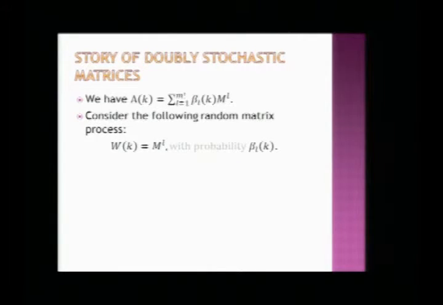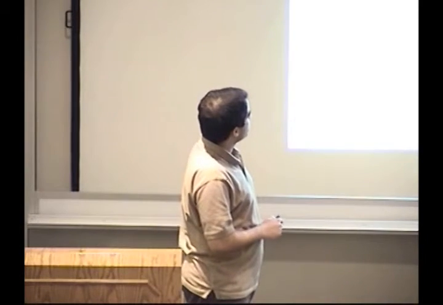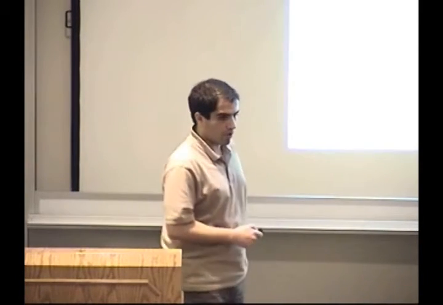I will define a random matrix process with this. I say W_k equals M_l with probability beta_{l,k}. So I pick a die with m factorial faces, and I throw it, and it comes up with probability beta_{l,k} at time k on its l-th face. And whatever happens, I will put W_k equal to M_l.